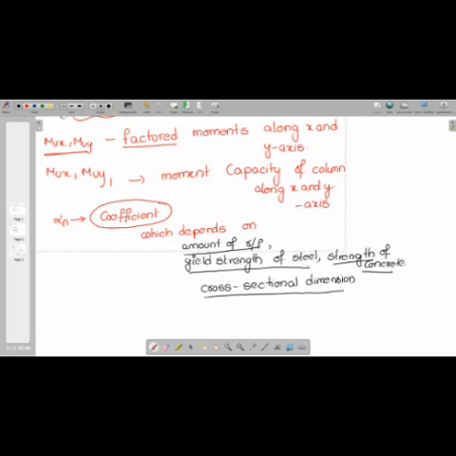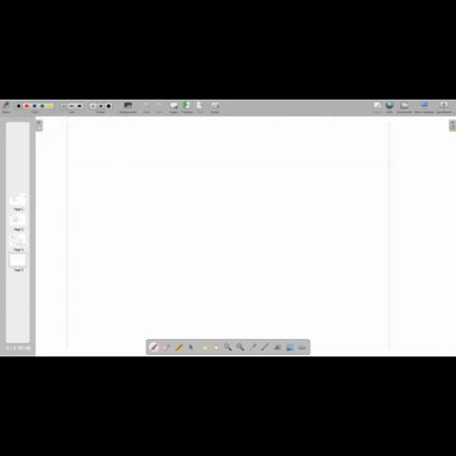Now see students, the columns are slender. Slender means, if the lateral dimension is very small compared to the length, then it is more slender. So in this case also, there is an additional moment.